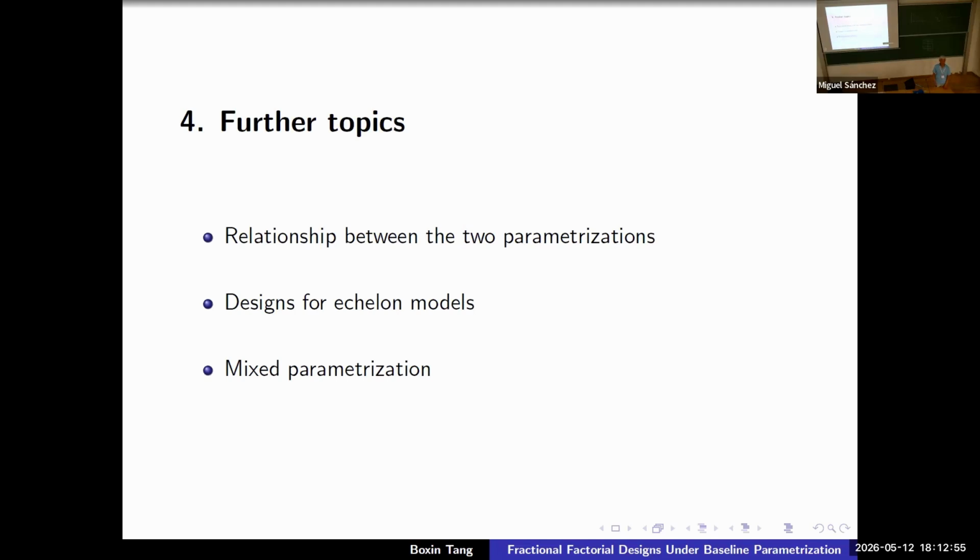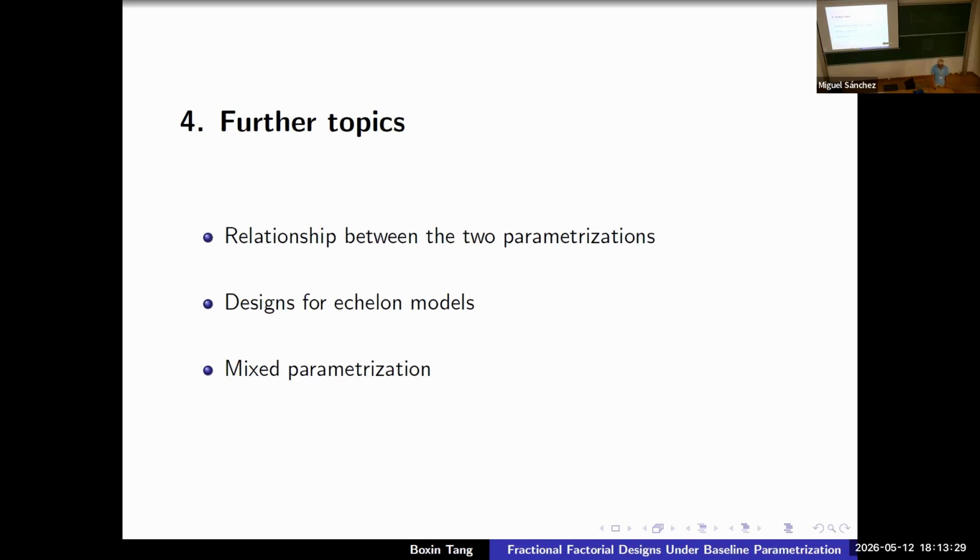And it has some consequences in terms of designs. For example, one can consider designs for echelon models. These are models more general than effect models. Basically, if your model contains a two-factor interaction, then the two main effects should be included. That makes sense, right?